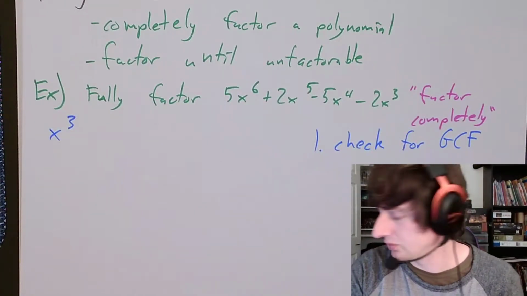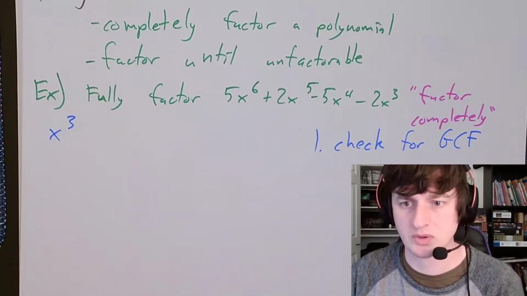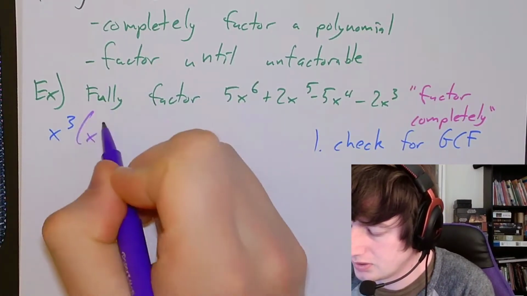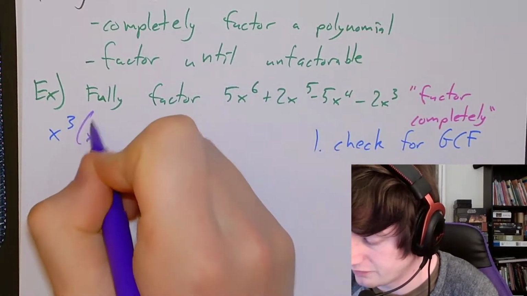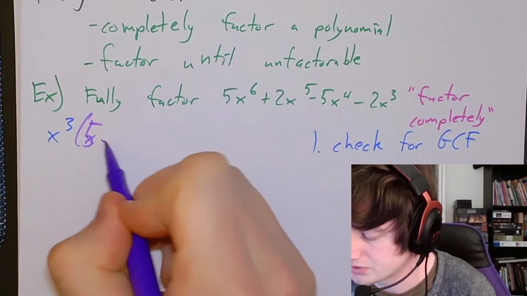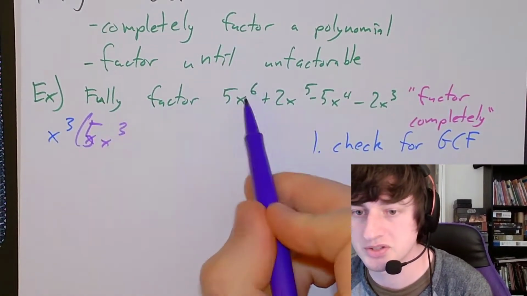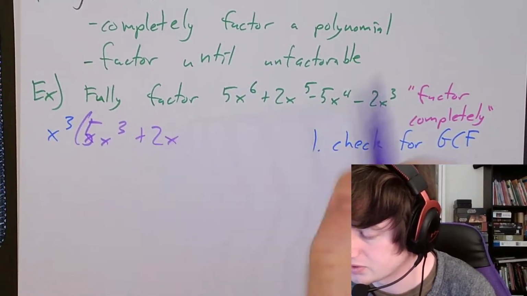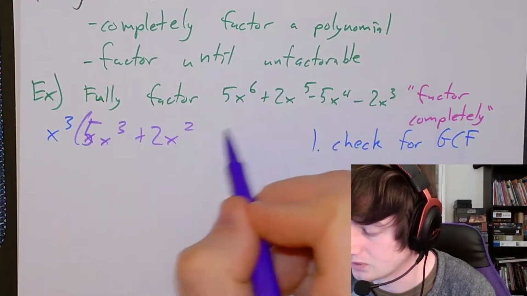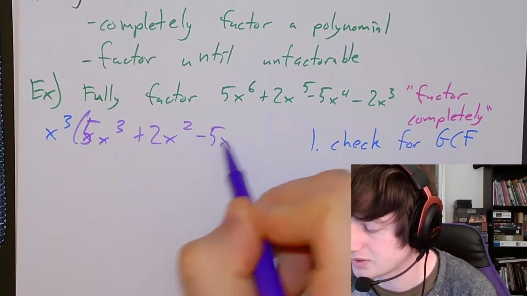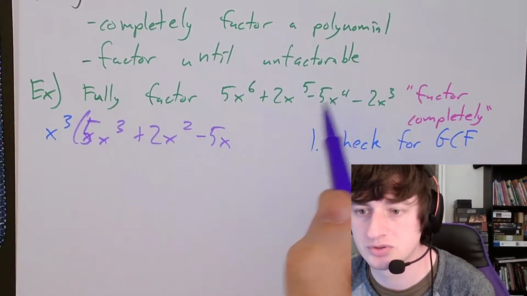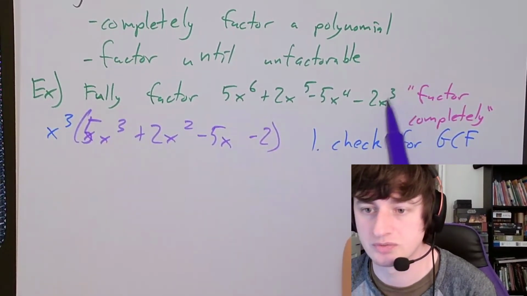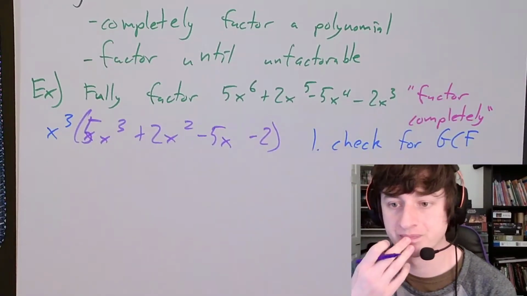And then we're left with 5x cubed, sorry, 5x to the 6th divided by x cubed, plus 2x squared minus 5x, x to the 4th divided by x cubed just leaves the single x, minus a 2. So the x cubed divides and we're left with just 2.